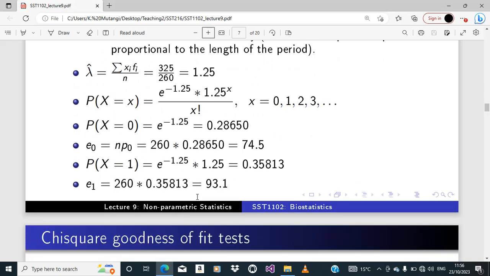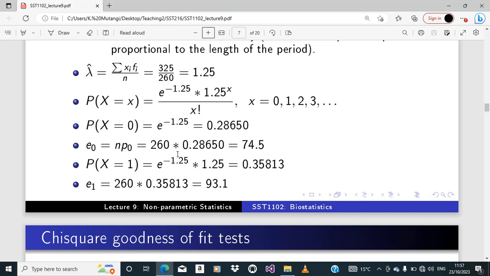The expected frequencies are found, as we've done before, by saying n times pi. So for the first class, n is 260 multiplied by the probability of x equal to 0, which is 0.28650, to give us 74.5.